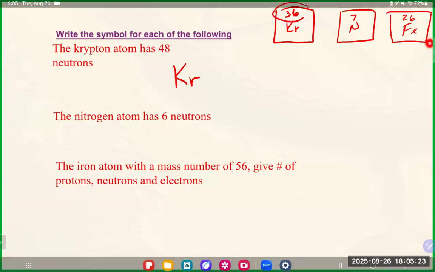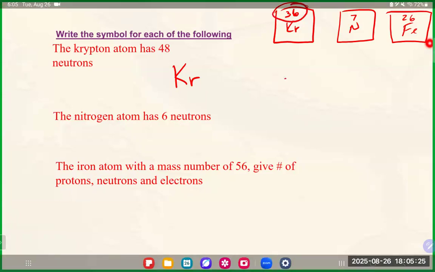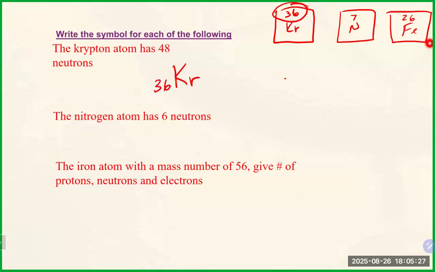That periodic table is going to give you the atomic number, and that's going to be 36. That 36 is also the number of protons. Here they give us that it has 48 neutrons. And if you add those together, that gets you 84, which is the mass number in this case. Any questions on that one?